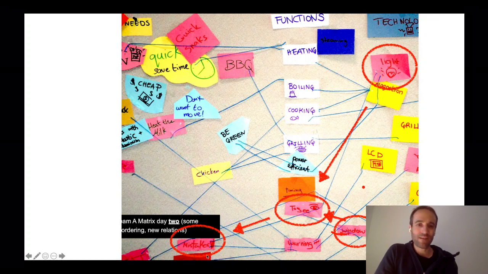We have the need to check for mistakes connected to the function to be able to see what's happening inside the microwave, which is connected to two components. One is the window, the other is the light inside the microwave. So here you have an idea for innovating.